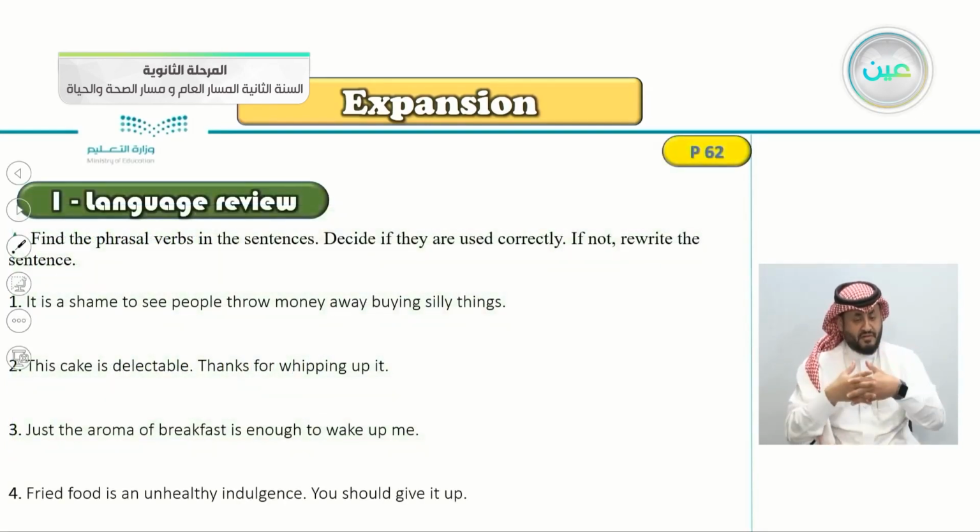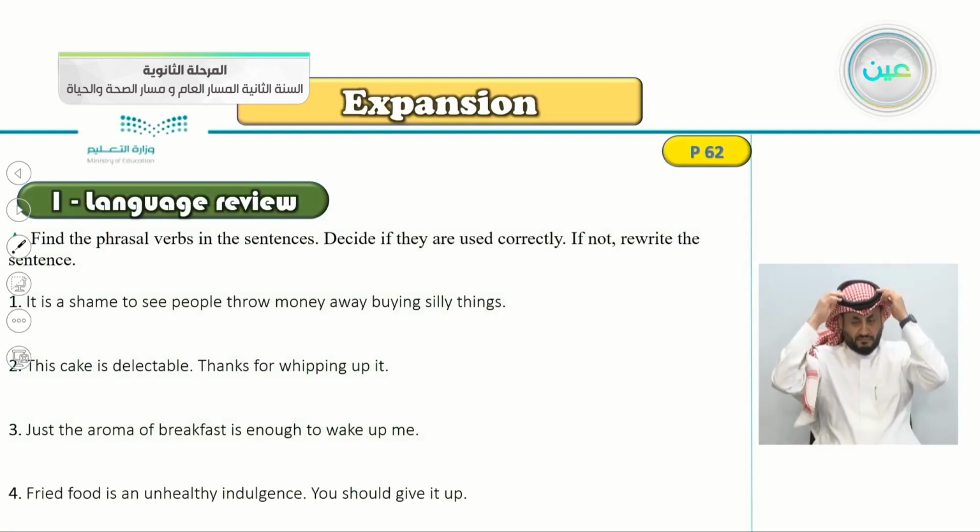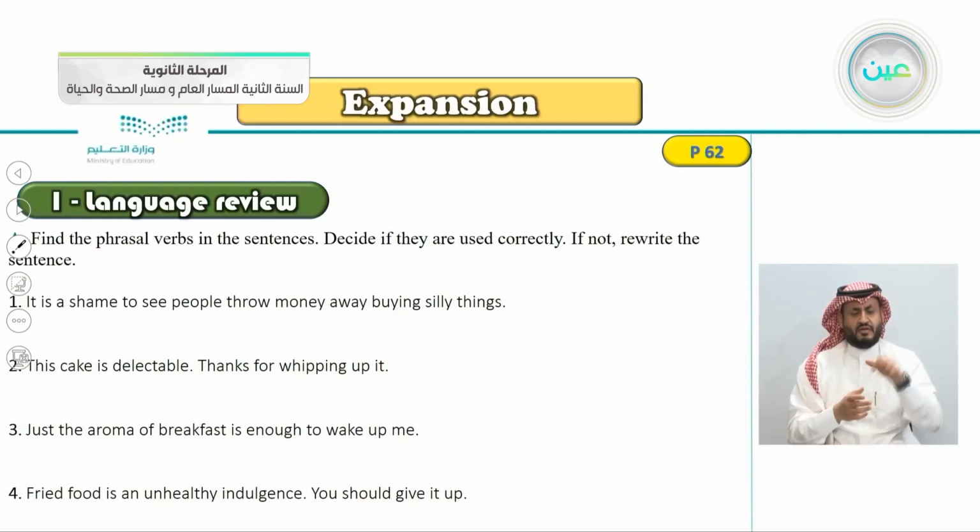So getting back to our exercise here. Number 1, it is a shame to see people throw money away buying silly things. So where is the phrasal verb here?